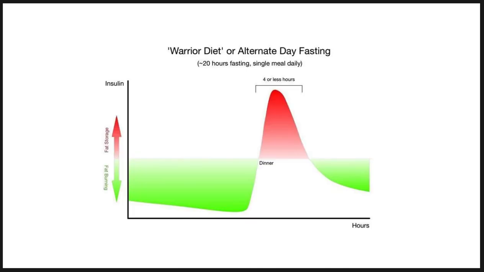If we look at an extreme example, a 24 hour feeding protocol, i.e. warrior diet, then you can see that this is highly conducive to optimizing using fat for fuel. Simply put, the noise from insulin and sugar is reduced. You release more AMPK.